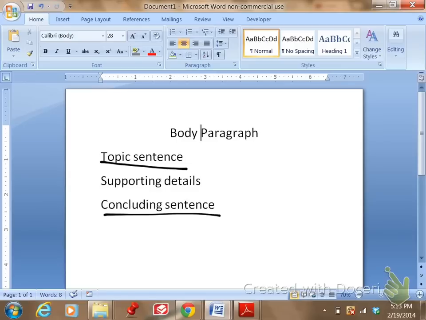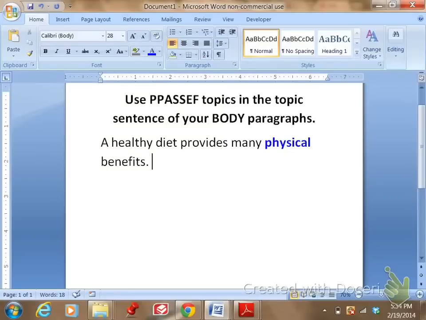This is exactly what we did with our reading informational text. So what I want you to do is use your PASSF topics that we've talked about as the topic of your body paragraph.